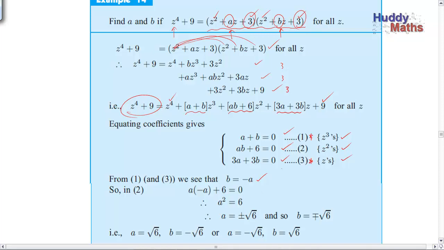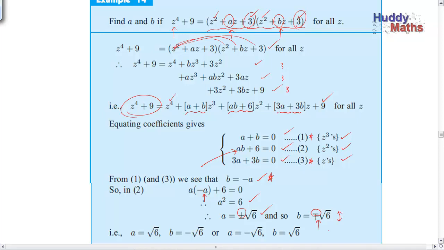So you can then sub that into a plus b plus 6, getting here a quadratic only in a, so a squared is 6. So a is plus or minus root 6. And so when a is positive root 6, remember we said b is neg a, b is neg root 6. Just notice the upside down of these two.